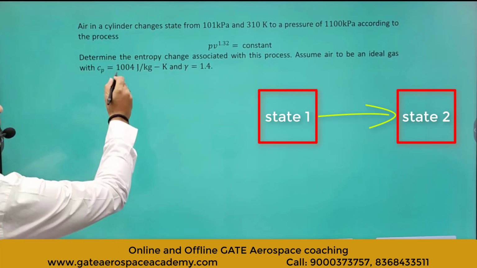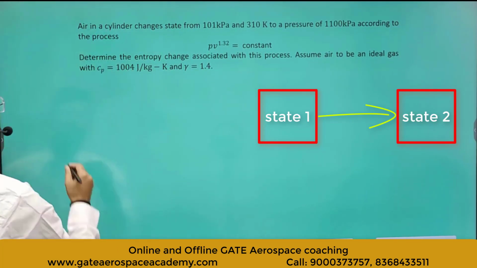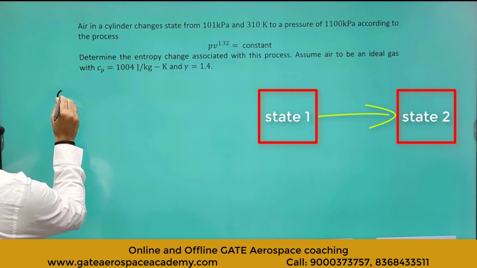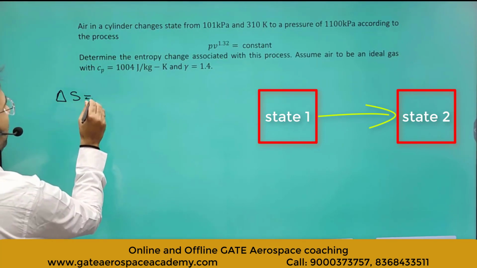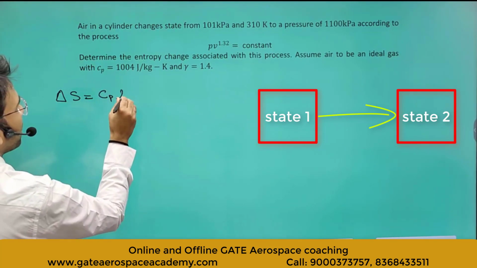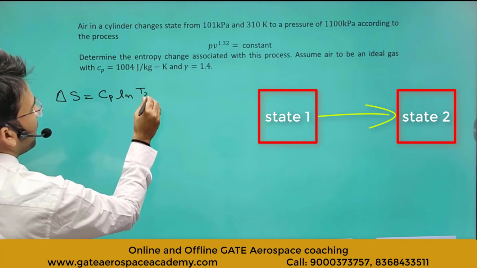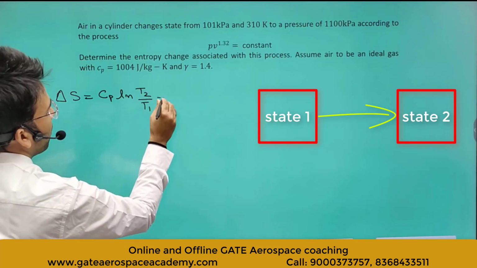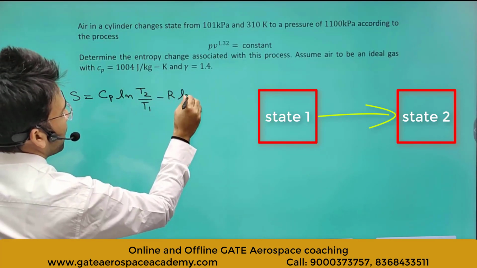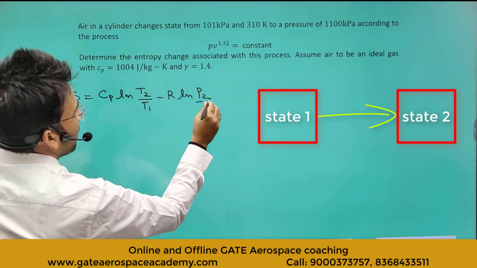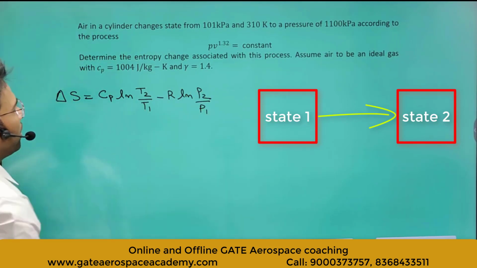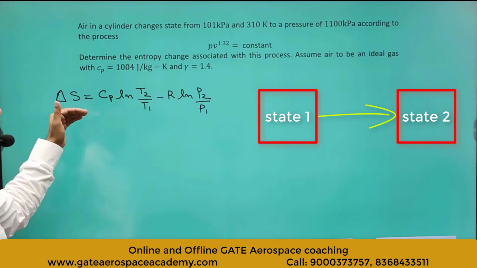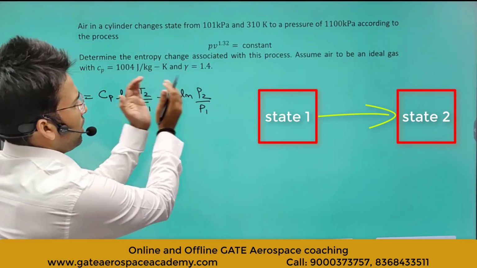So they are asking entropy change. So delta S formula we already know. Delta S is equal to Cp ln T2 by T1 minus R ln P2 by P1. So we just have to find out delta S. So we need this ratio, right?